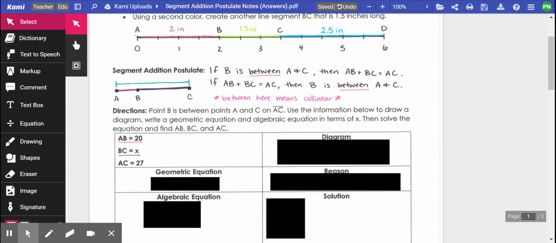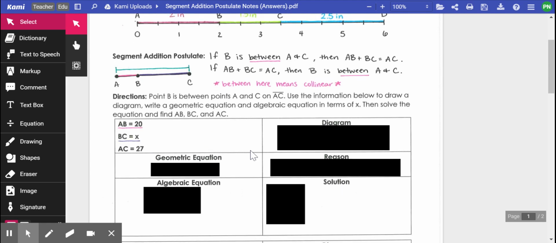So we're going to use this concept now to solve some algebraic problems. So in all of these diagrams, we're going to be saying that point B is between points A and C on segment AC. So we're going to use all of this given information, and we're going to break this up into multiple parts. We're going to be drawing a diagram.